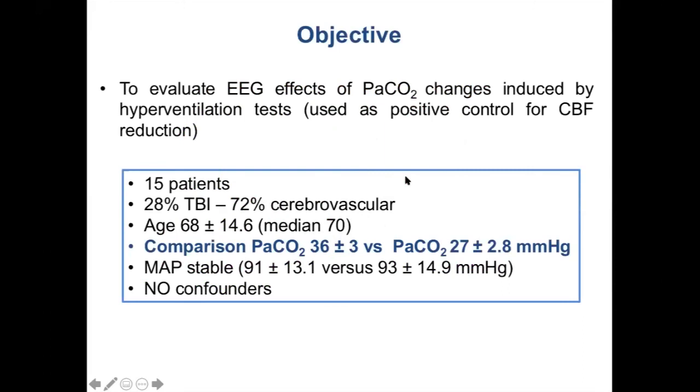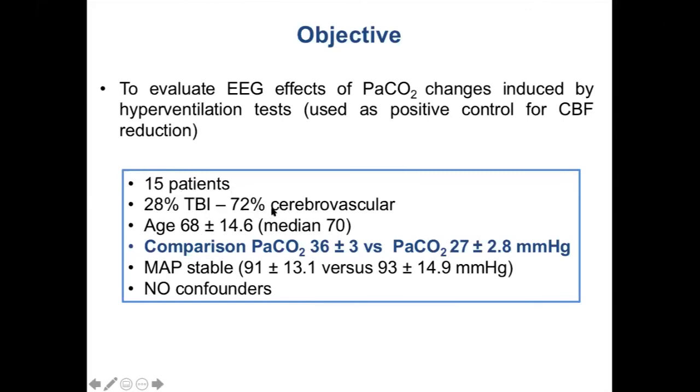And if AD ratio is a marker of ischemia, we wanted to investigate if we were able to see EEG changes with a positive control test, which is a hyperventilation test, because we all know that hyperventilation induces vasoconstriction that induces a reduction of CBF, not ischemia, but CBF reduction.